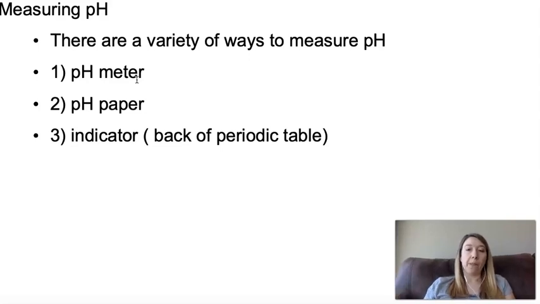We have pH paper, which are those little strips that you dip in, they come out different colors, and we can figure out what pH number we have off of that. And then there are indicators. We have a lesson a little bit later on in this unit where we're really going to talk about indicators and the different ways that you can use them to determine approximate pHs.